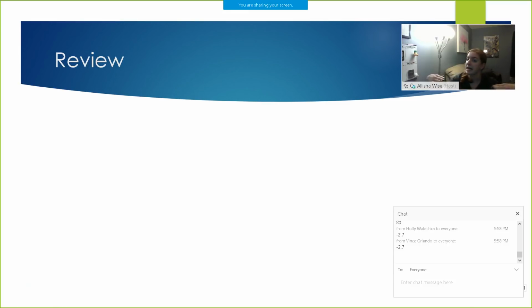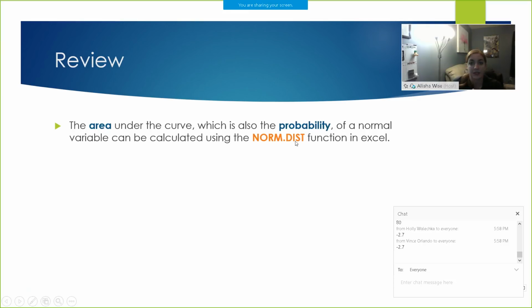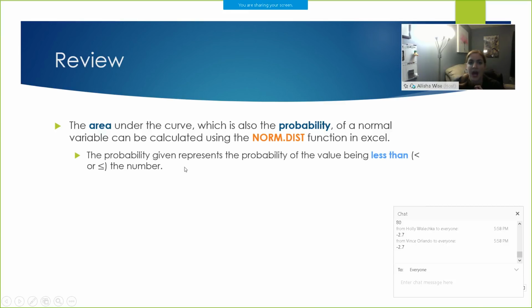So remember, standard normal or your normal curve, you're looking at how much area is underneath that curve. So to calculate the area underneath that curve, we're going to use that norm.dist function in Excel. And the probability that something is less than, so to the left of that value, we'll just use the formula norm.dist.